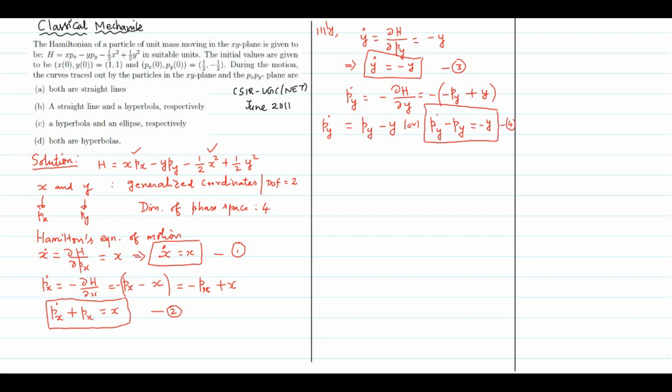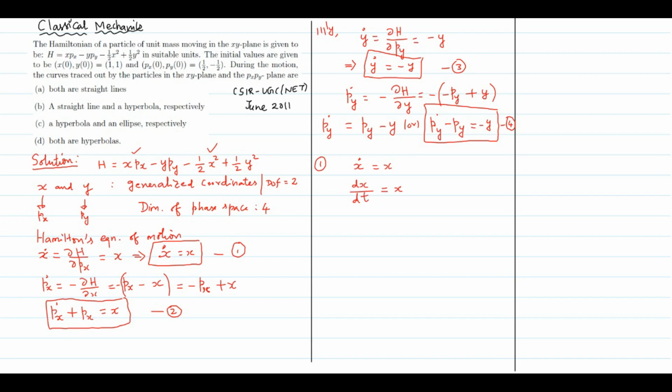So 4 equations. Now we have to solve these equations. Let us take equation number 1: x dot is equal to x, so dx by dt is equal to x.